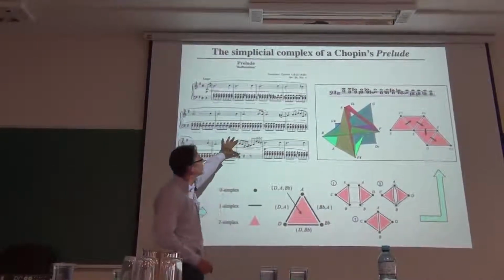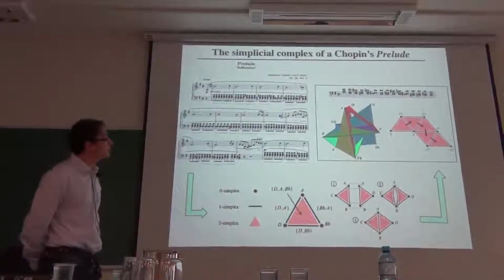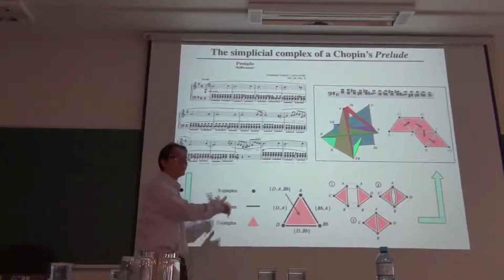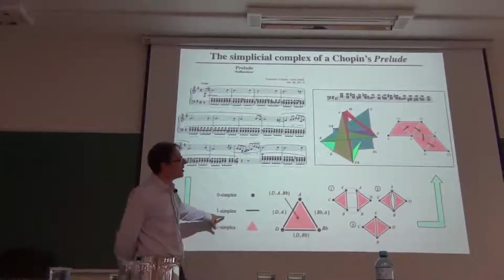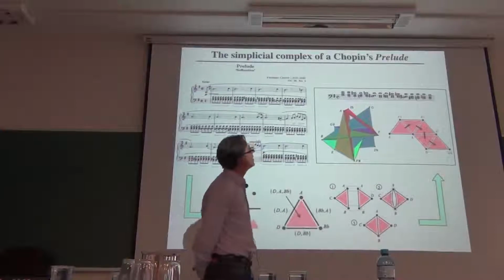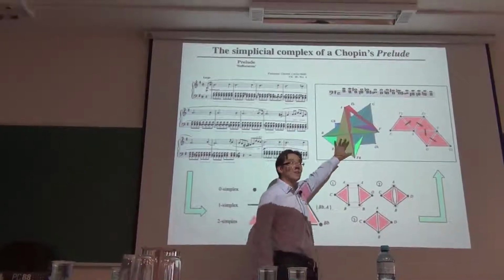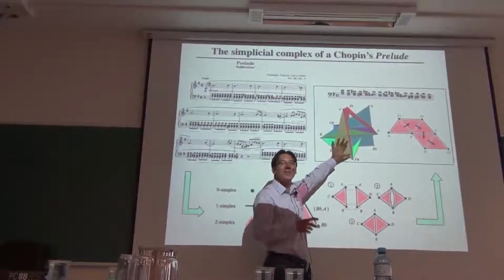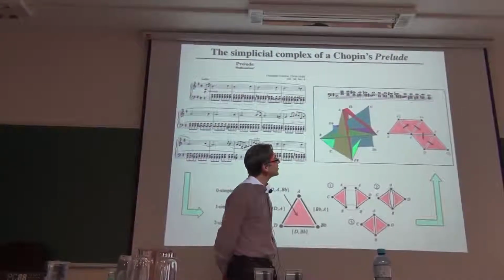So you have Beethoven, you have Chopin, you make your special computing tool work, and then you reduce, because you are just interested in the chord progression, for example, and you end up with a strange and very complex simplicial complex.